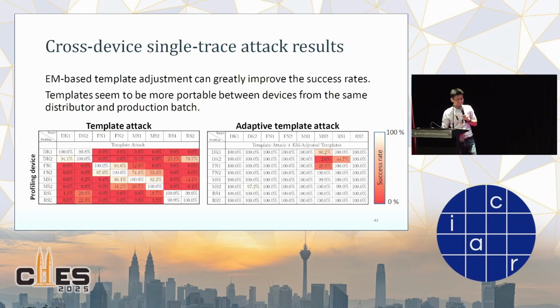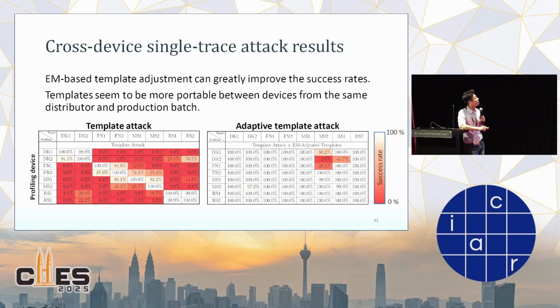Now, here is the result of our actual cross-device single trace attack. On the left table is our template attack without any portability technique. Here we can see that almost all the template portability attacks failed, in the red cells.